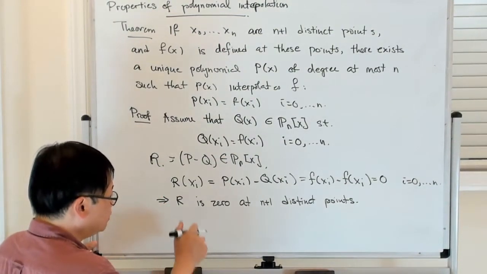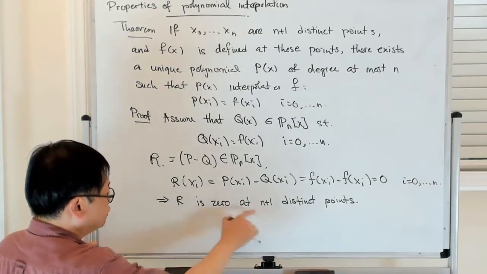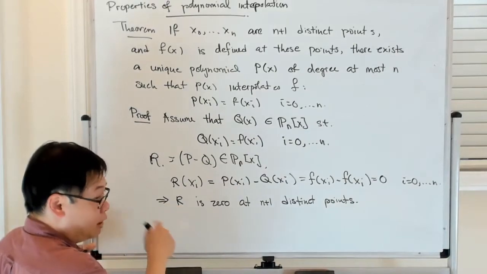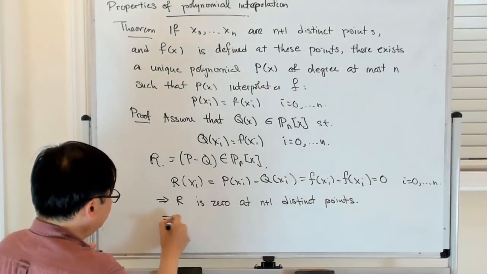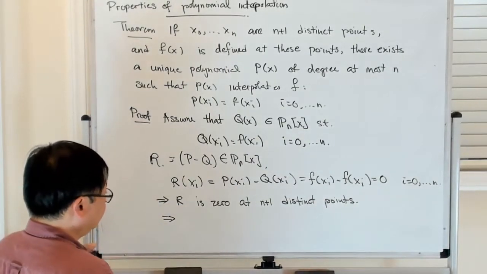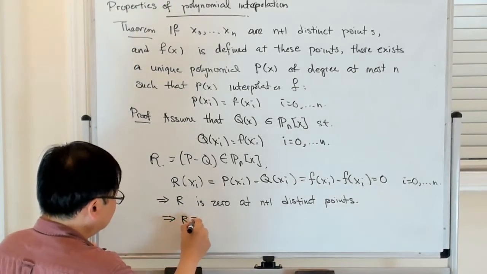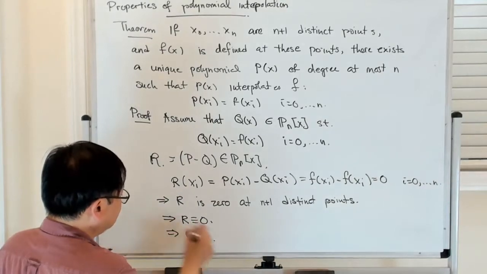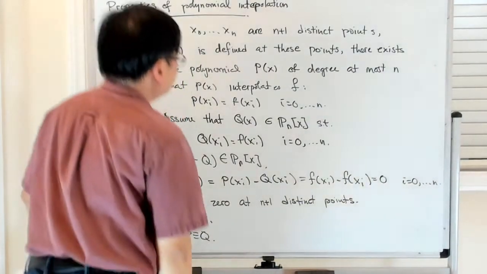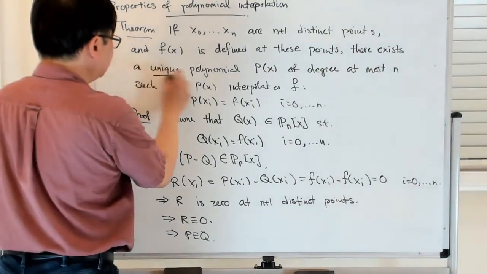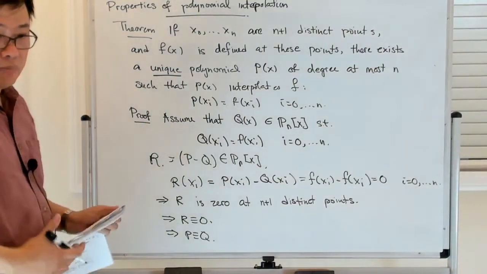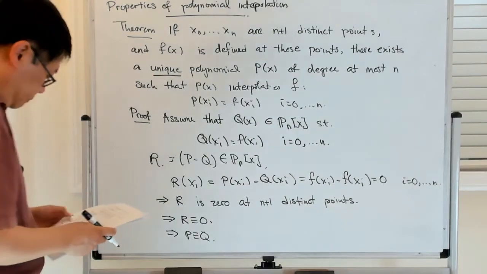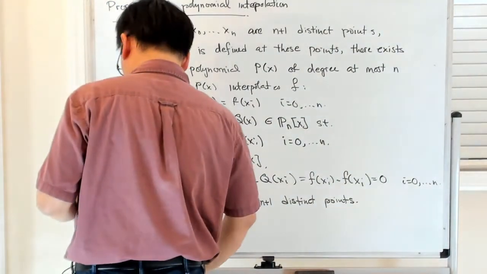That's only possible if r is identically 0. So this implies, again by the fundamental theorem of algebra, that r is identically 0, which means that p is equal to q. So again, this proves that the interpolating polynomial is unique.